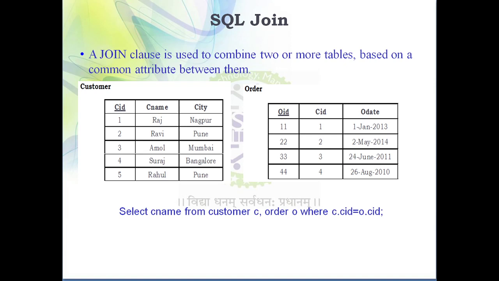So one common attribute should be there when we combine. Similarly, to combine the customer table with the order table, I require at least one common attribute based on which I can combine the two tables. That's why in this case I need to make use of a join operation.